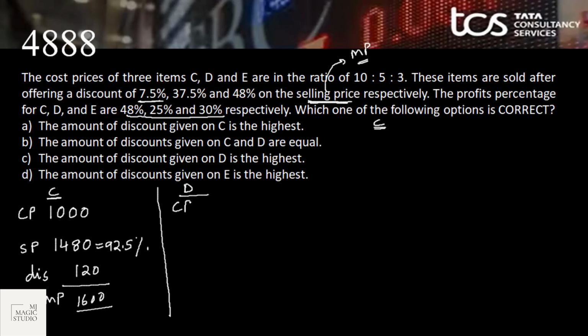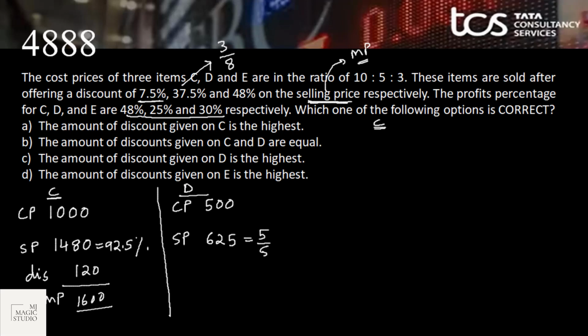Now go to D. Here cost price is 500 because we have multiplied this ratio by 100. Selling price is profit of 25%. Now 25% is 125, that means selling price is 625. On this 37.5% discount is given. 37.5 is 3 by 8. Fair enough.